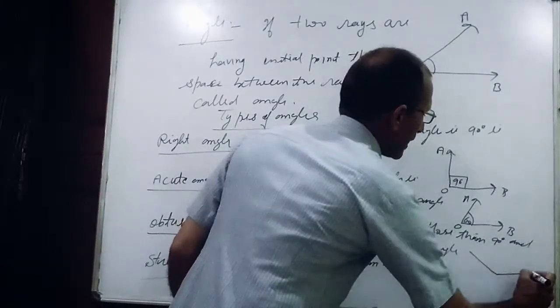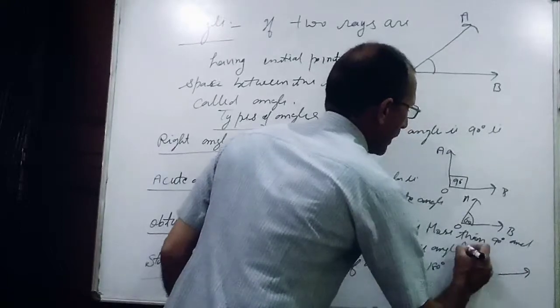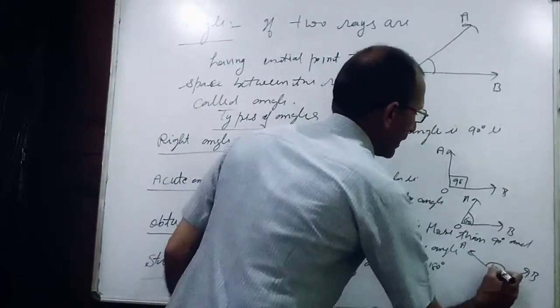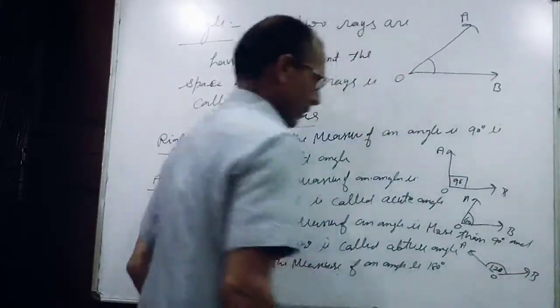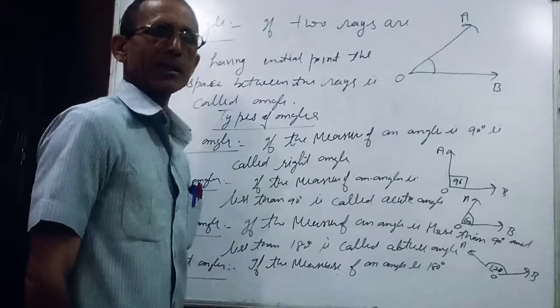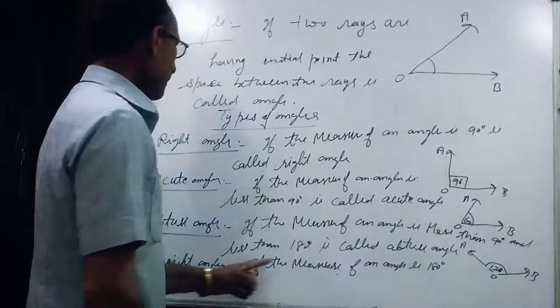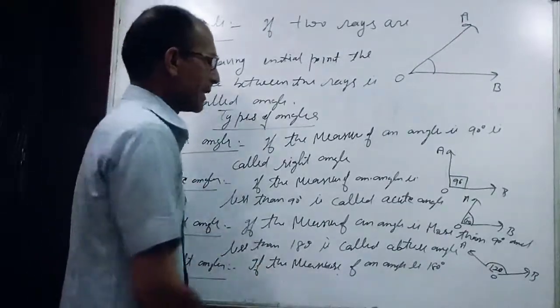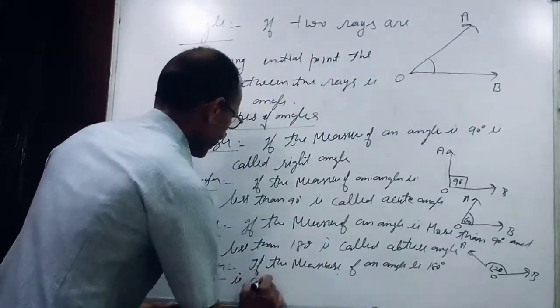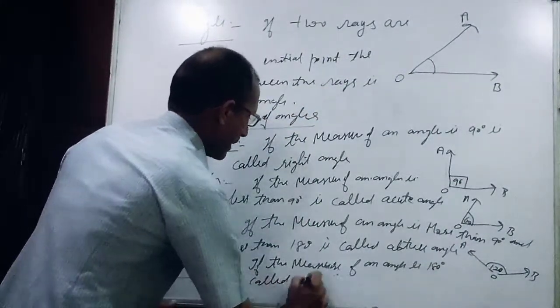So this angle AOB is an example. Suppose this is 120 degrees, less than 180 but more than 90. So this is an obtuse angle. If the measure of an angle is 180 degrees, it is called a straight angle.